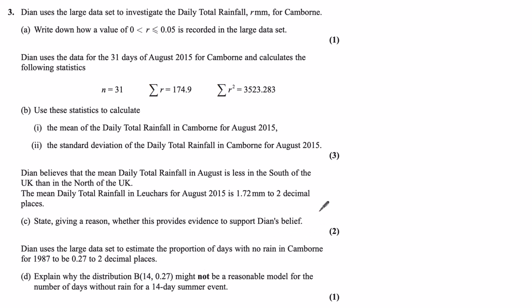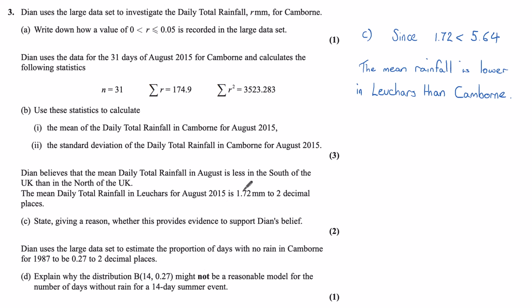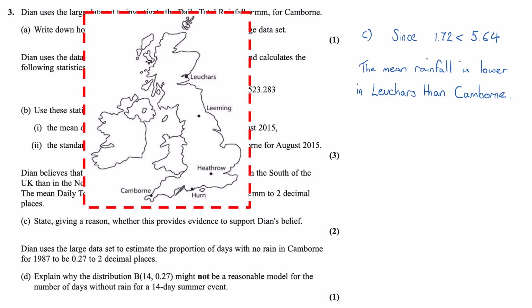Now this question is going to rely again on some knowledge gained from looking at the large data set. If we ignore the data set for a moment and look at the information we're given, we've already found the mean for Camborne to be 5.64, and this 1.72 for Leuchars is less than 5.64. So we know that the mean rainfall is lower in Leuchars than Camborne. What we don't have any reference to yet is the difference between the south and the north of the UK.